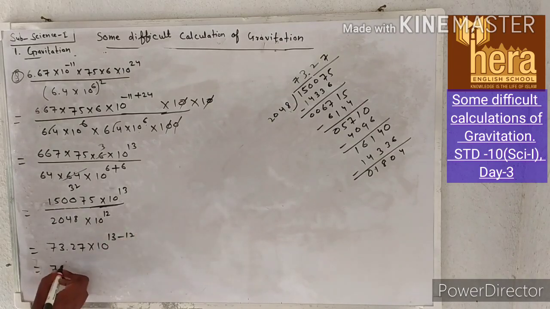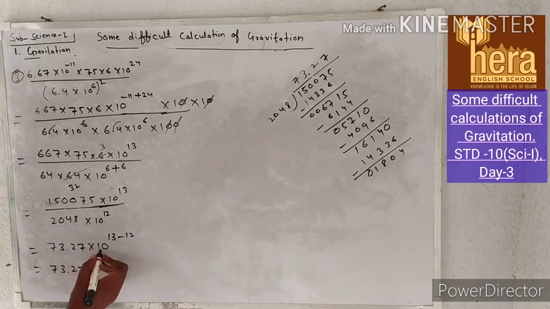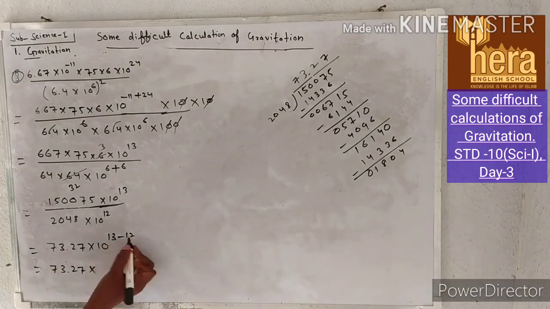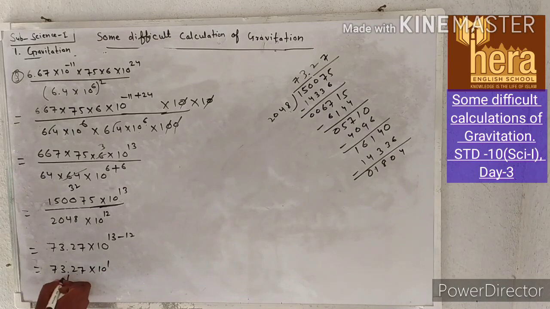So this will be equal to 73.27 into 10 raised to 13 minus 12, that will be equal to 1. So here is the decimal. So you have to shift the decimal from here to here for scientific notation. So this will be equal to 7.327 into 10 raised to 1 plus 1.